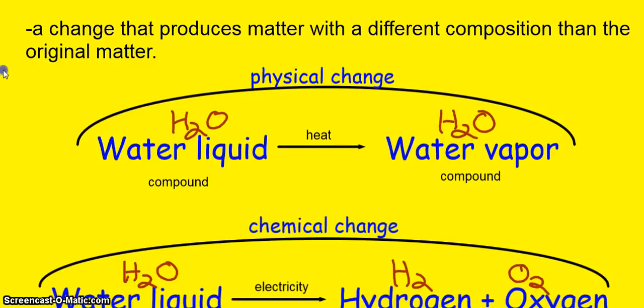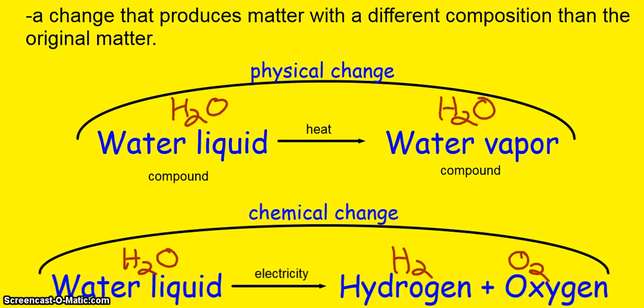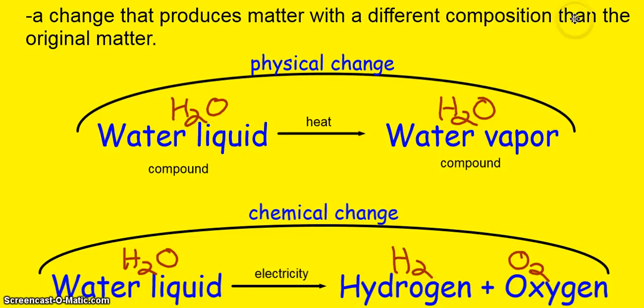When I compare the physical change of water to its chemical change, we can see that something distinctly different is happening. If I have water that's being heated to the point where it turns into water vapor, that's simply going from a liquid to a gas. It's still H2O molecules.